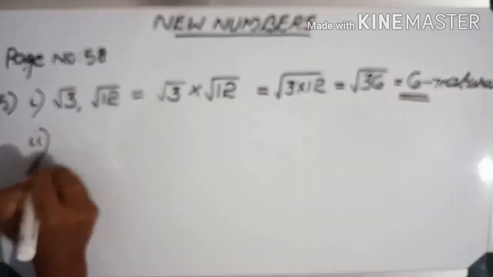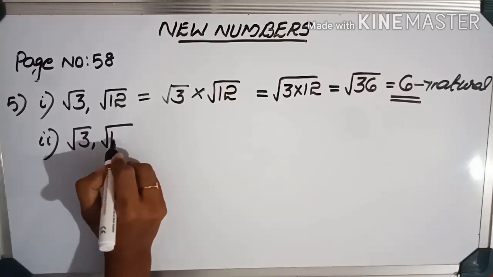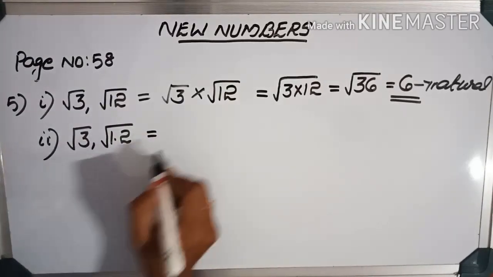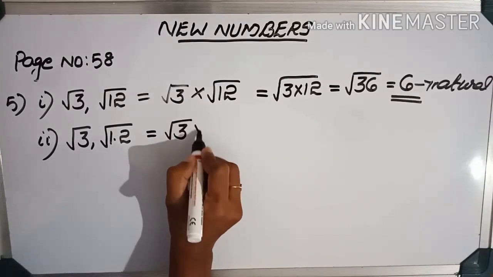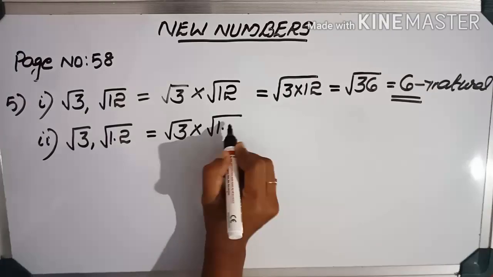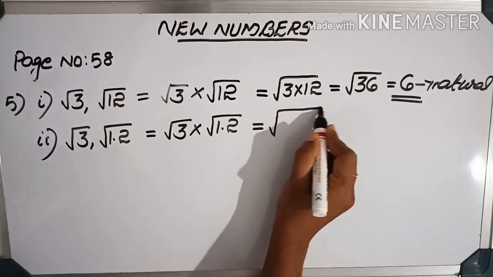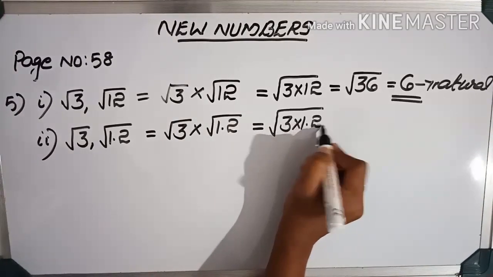Now the second sub-question is root 3 and root of 1.2. Okay, root of 1.2. Now here also we have to find the product. So root 3 into root of 1.2. Okay, that is equal to root of 3 into 1.2.